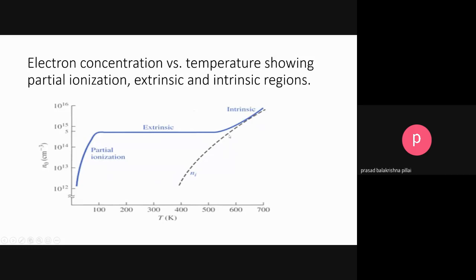Then of course at normal room temperature and above, you see this kind of behavior, the intrinsic region, where you have intrinsic excitation, that means carriers are going from the valence band to the conduction band. In the extrinsic region you have the carriers coming from the dopant levels. If n type, it is coming from the donors, and in the case of acceptors, the holes will be coming from the acceptor impurities.